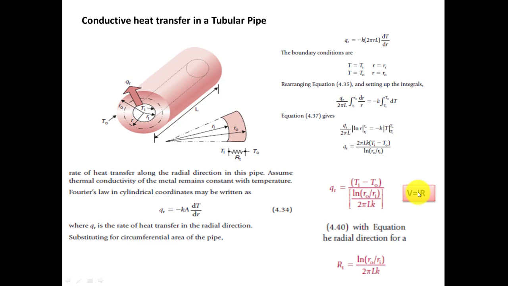The amount of electric current passed through any conductor will be directly proportional to voltage. Similarly here, the amount of heat transfer will be directly proportional to the temperature difference, and inversely proportional to the resistance. So this value is representing the resistance, and this value is representing the voltage or the driving force. This concept we will use in the next case.